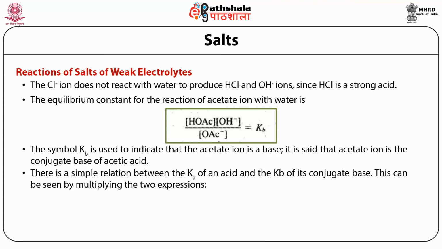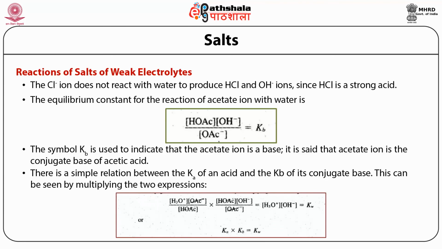This can be seen by multiplying the two expressions: H3O+ concentration times OAc- concentration divided by HOAc concentration, multiplied by HOAc concentration times OH- concentration divided by OAc- concentration. The concentrations of acetate ion and acetic acid cancel, and the resulting product is the hydronium ion concentration times the OH- ion concentration, which equals Kw.